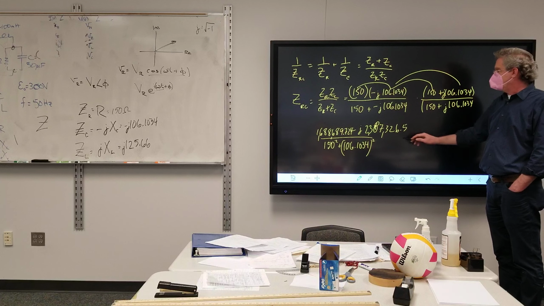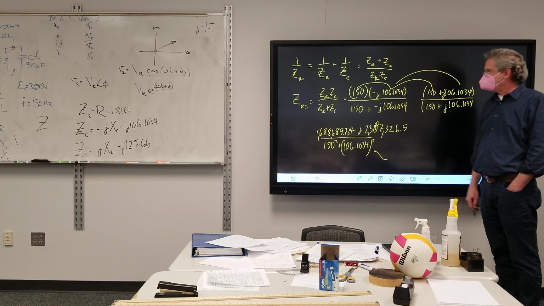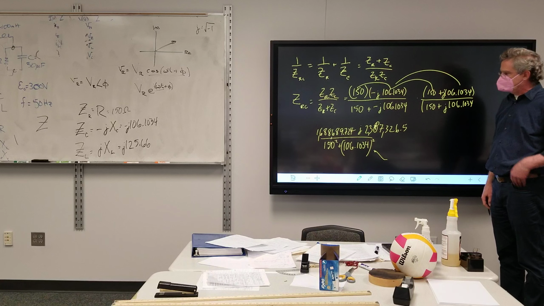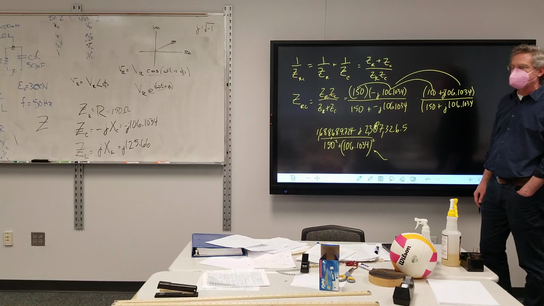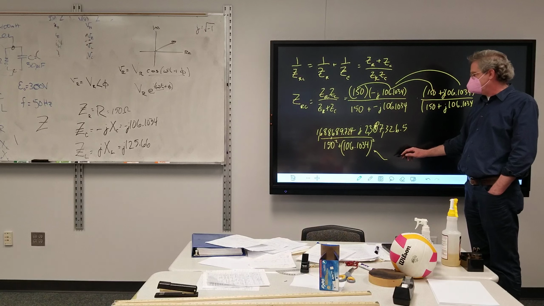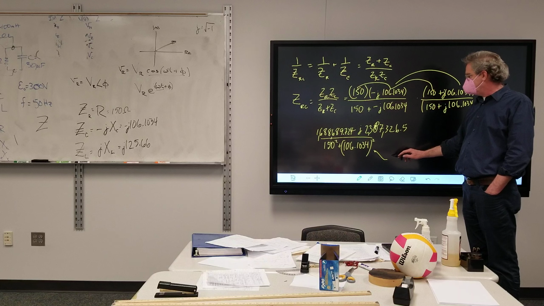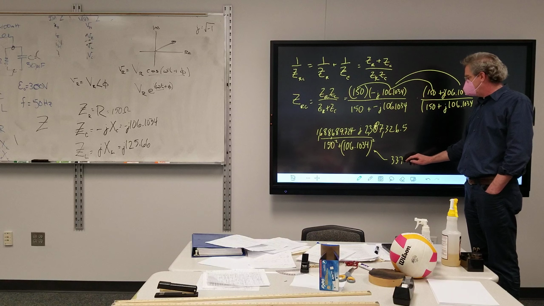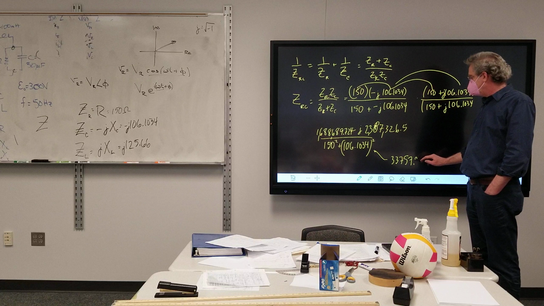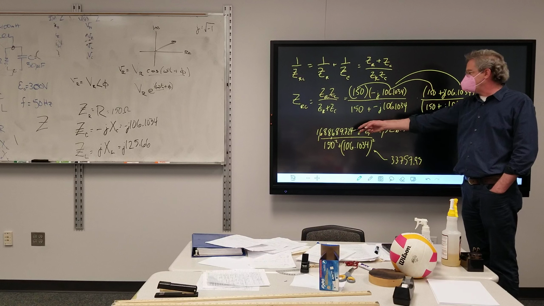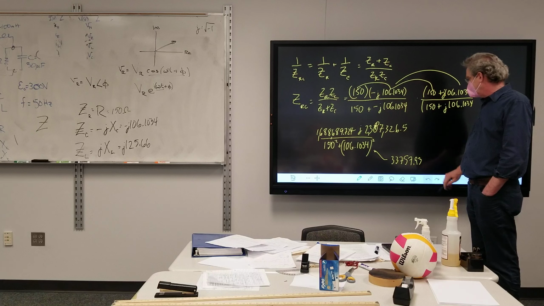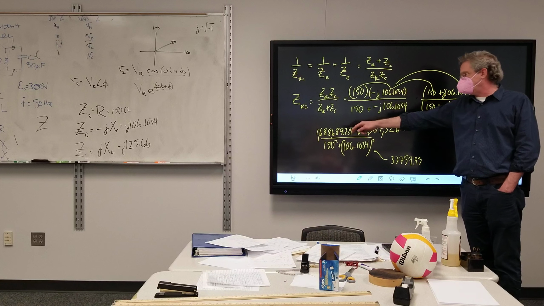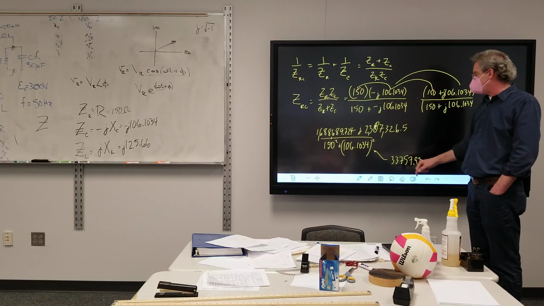Cool. So my denominator is 33,757.93. All right, so I've got this binomial divided by this, so I do the 1.7 million divided by this, and then the 2.4 million divided by that.